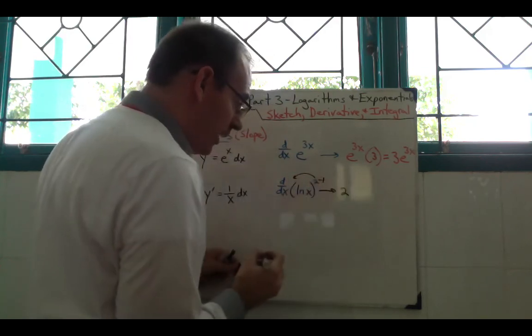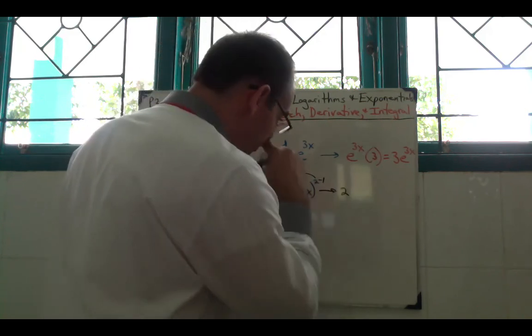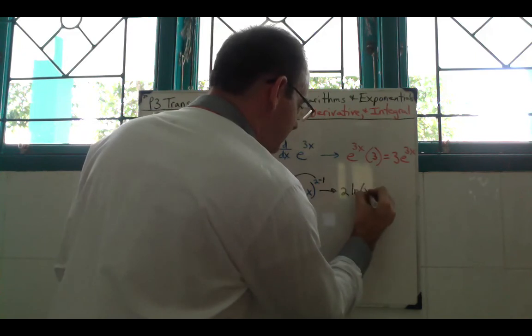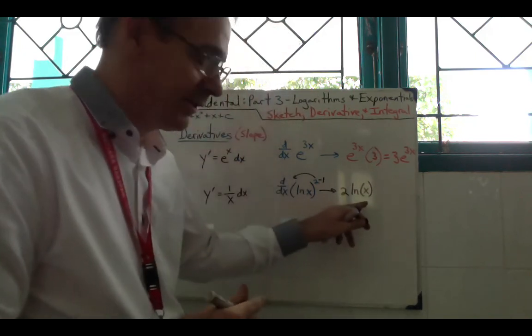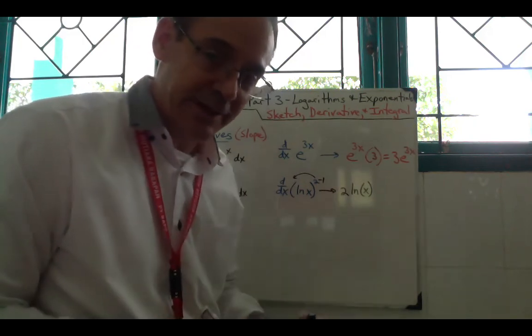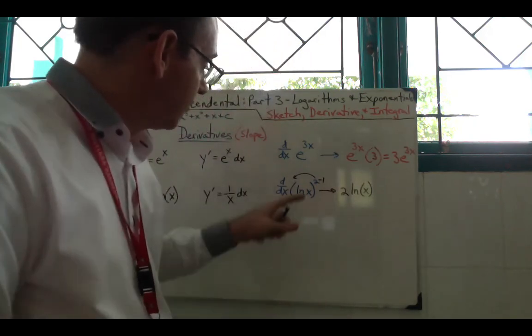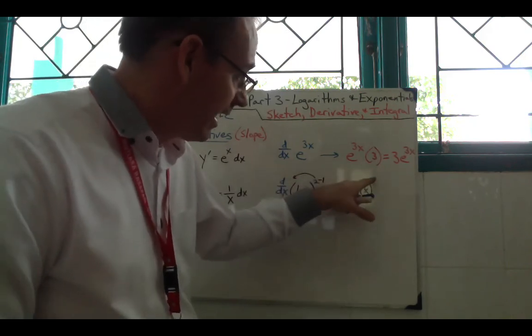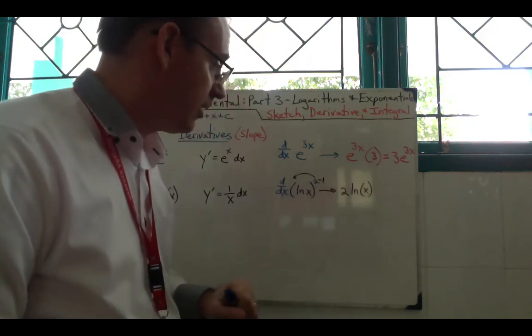We subtract 1. So that just gives us 2 ln x. We're doing derivatives, so we can use the parenthesis. The absolute value is for integration. So multiply the 2 to the front, subtract 1 gives us a 1 as our exponent for our ln x.